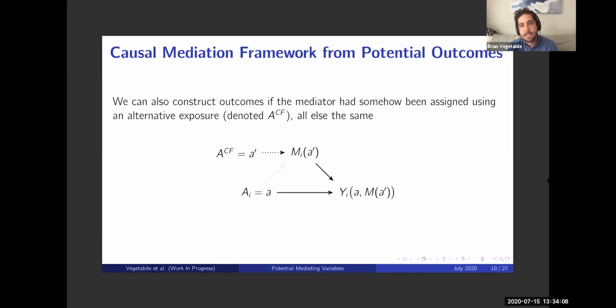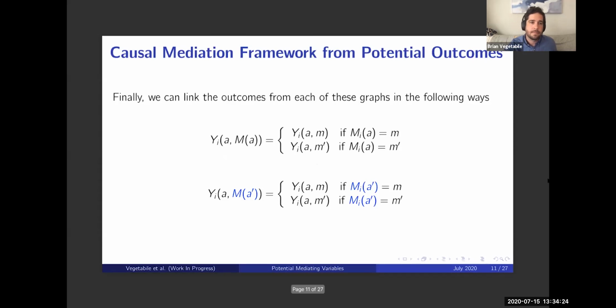So assuming that the mediator itself was assigned under some alternative process where if we set the value of the treatment equal to little a, somehow M_i is set to a prime, and you can think of that as being some counterfactual process that's setting the mediator. And again, you can connect all of these together by connecting the potential outcomes due to M to the direct outcomes under the interventions.